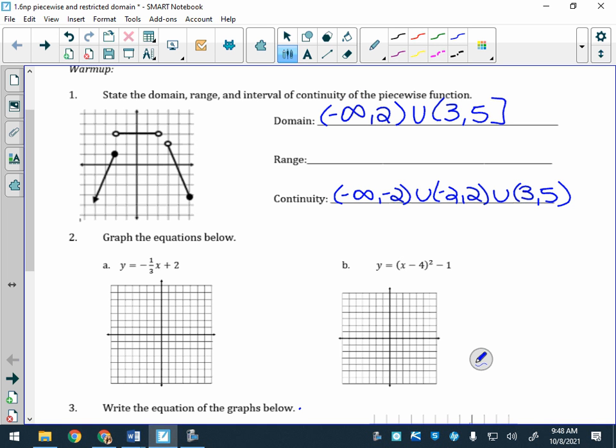Okay? So the domain, all right, has just that little break between 2 and 3. Interval of continuity, though, as soon as you lift your pencil, the graph is broken. So it's not continuous. Okay?